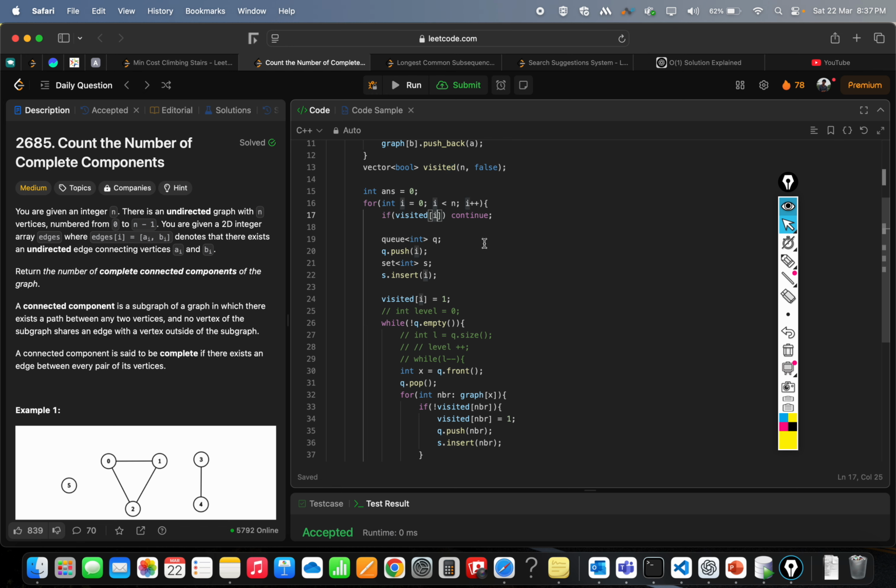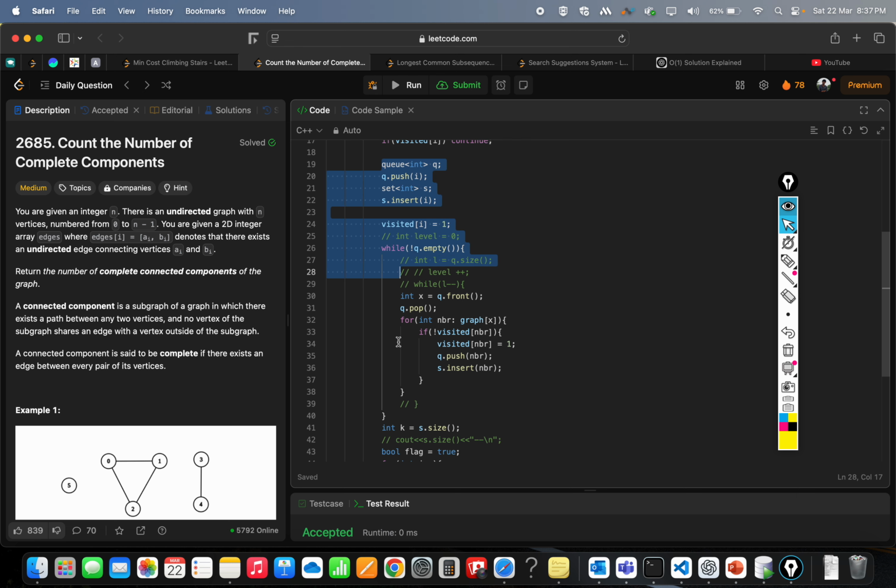If the node is visited, we do nothing on that node, and if the node is not visited, then we do the BFS. So this is the algorithm of BFS. We are using a queue for the BFS, as obvious, and this is the set in which we will insert the nodes of that component.